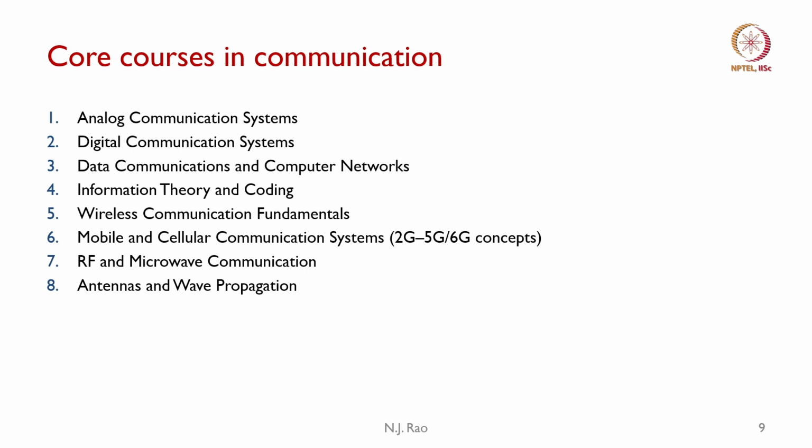The core courses are analog communication systems, digital communication systems, data communications and computer networks, information theory and coding, wireless communication fundamentals, mobile and cellular communication systems, RF and microwave communication, antennas and wave propagation. This set of 8 courses again is not the final version. Depending on whether you are going with sample 1 or sample 2, this list can be slightly modified. That is left to the department.